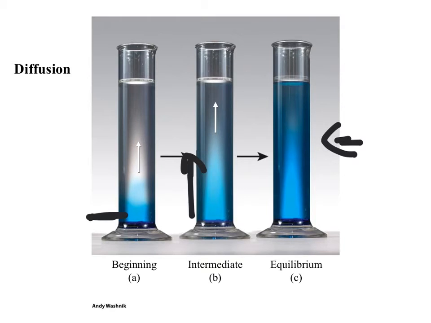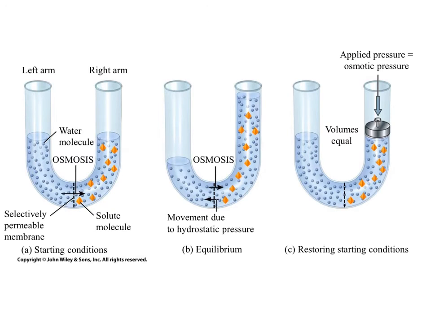Another example of passive diffusion is osmosis. So we know that osmosis involves the movement of water from a higher concentration to a lower concentration. What you'll see here is that in the middle of this U shape, they've put a selectively permeable membrane, okay?